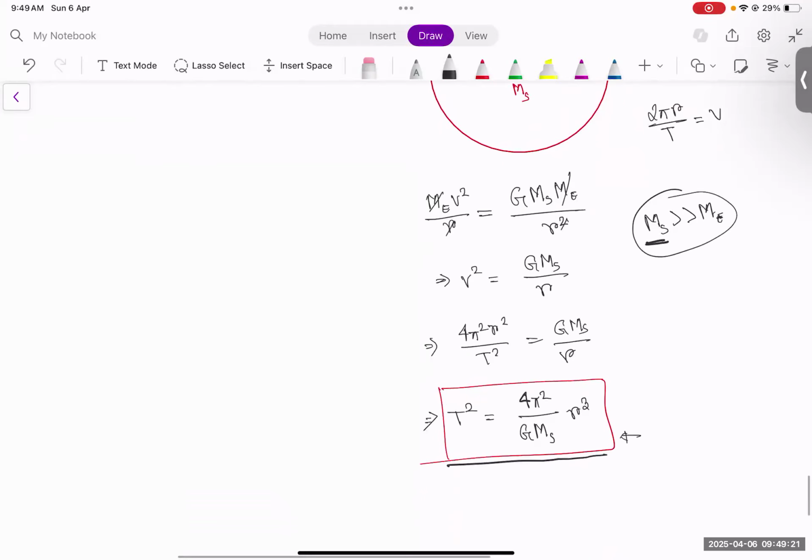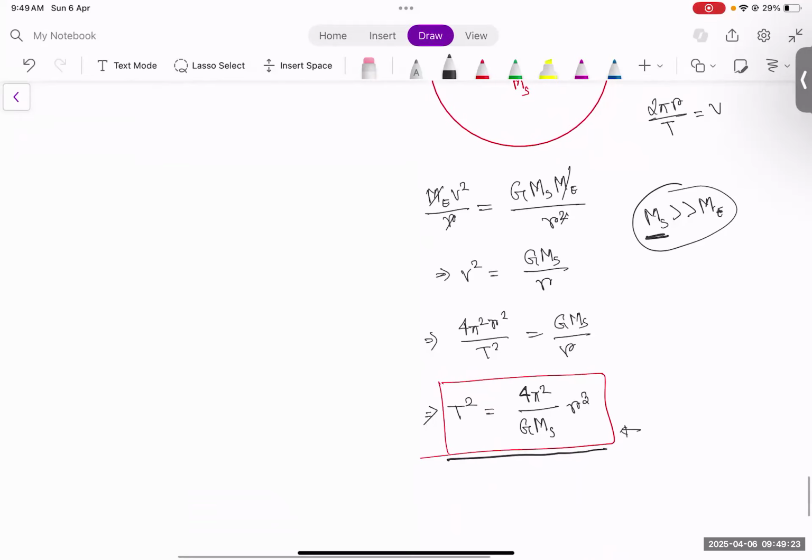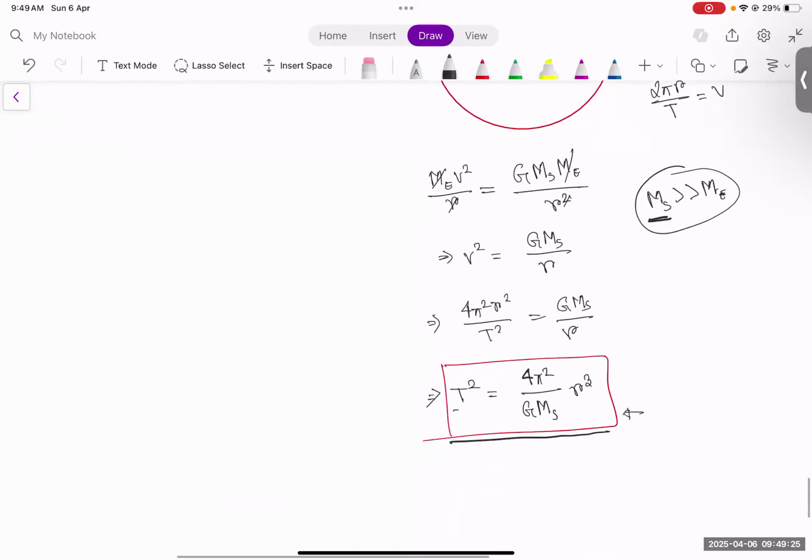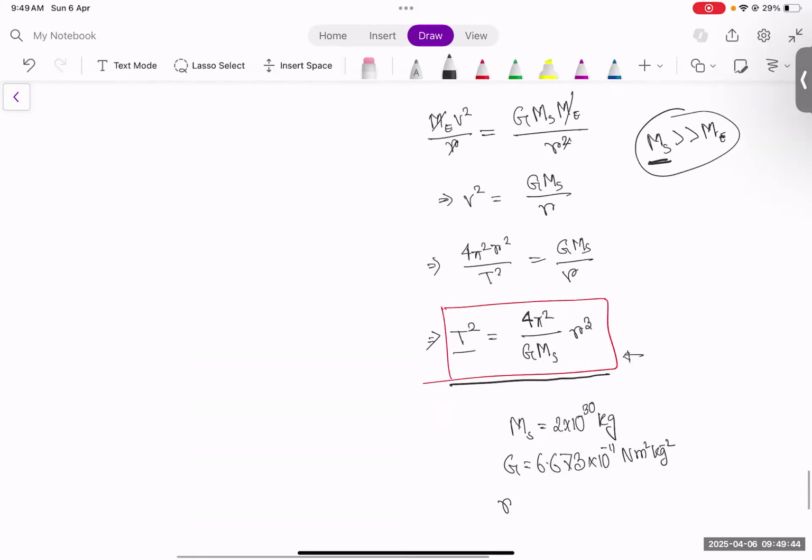Okay, and you can actually try to plug in actual values, and you can see T will be 365 days for earth. For example, the mass of the sun is 2 into 10 to the power 30 kg, and G, as we mentioned before, is 6.673 into 10 to the power minus 11 Newton meter squared per kg squared. And r, the earth to sun distance, if I'm not wrong, should be 1.5 into 10 to the power 11 meters.